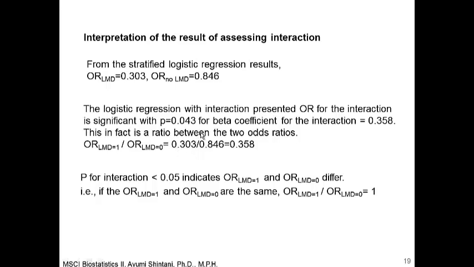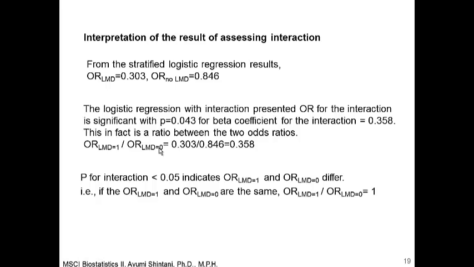Another way to put it: the odds ratio for interaction is the ratio between two odds ratios, the odds ratio of treatment among LMD divided by the odds ratio of treatment among non-LMD.